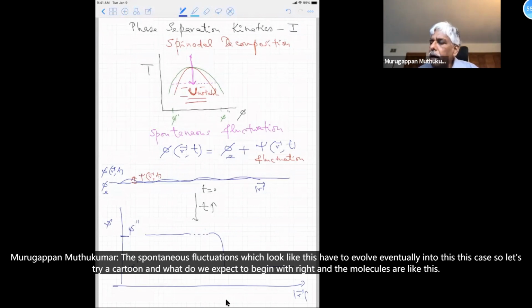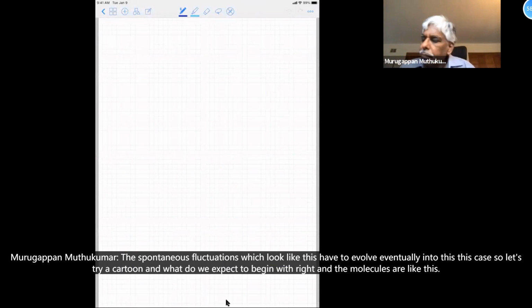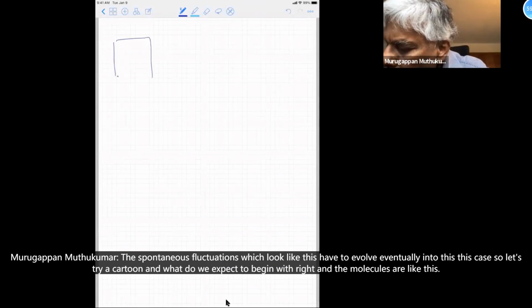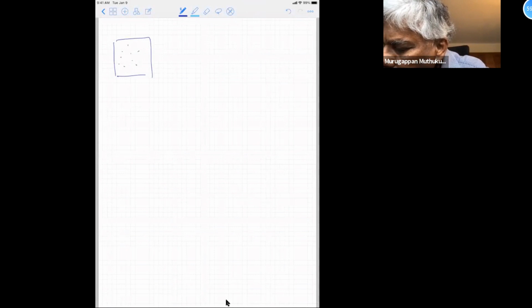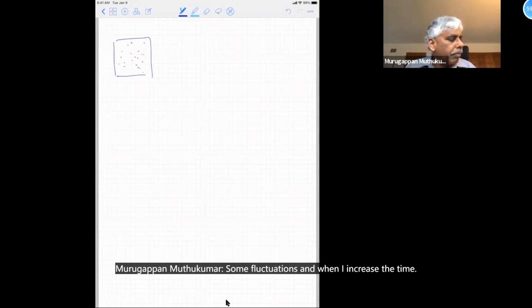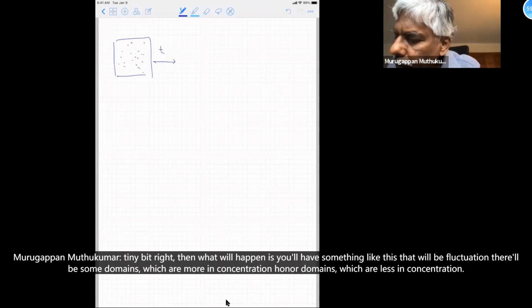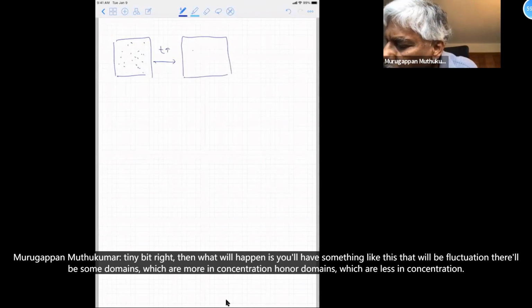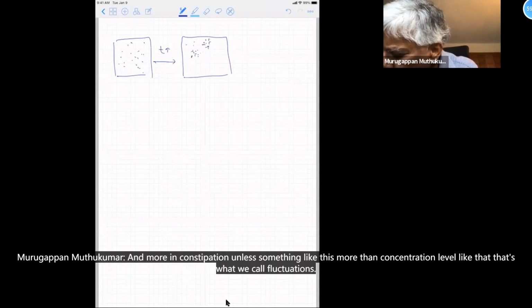So let's draw a cartoon. And what do we expect? To begin with, the molecules are like this, some fluctuations. And when I increase the time a tiny bit, right? Then what will happen is you'll have something like this. There will be fluctuation. There will be some domains which are more in concentration, other domains which are less in concentration, and more in concentration, and less, something like this.